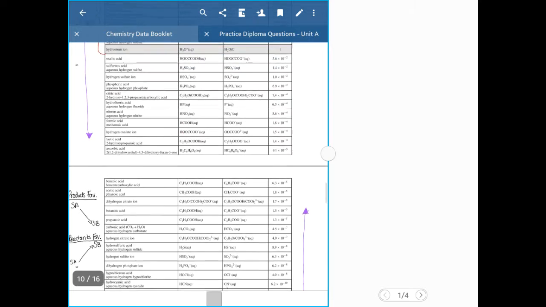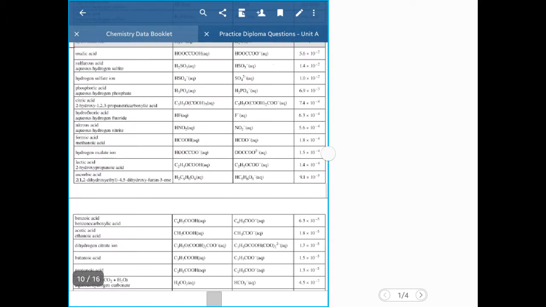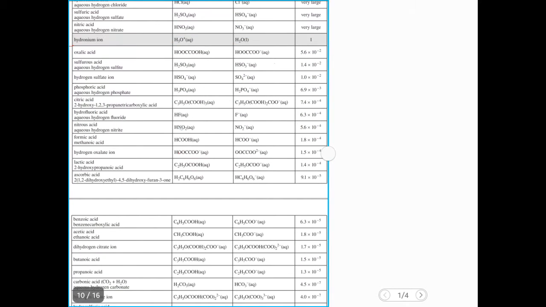I'm going to look for my lactic acid, pardon me, and my nitrous acid. So I see nitrous acid is here, and I see my lactic acid is here. So when I compare the two, my stronger acids are always up to the left. So my stronger acid is nitrous acid for this question.